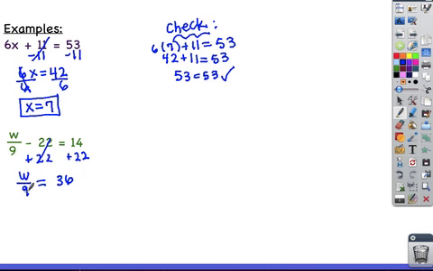Now, since we're dividing w by 9, the inverse would be to multiply both sides by 9. This cancels out the 9, since it would be like 9 over 1, and then we would cross-reduce. And we get that w equals 36 times 9, or 324.